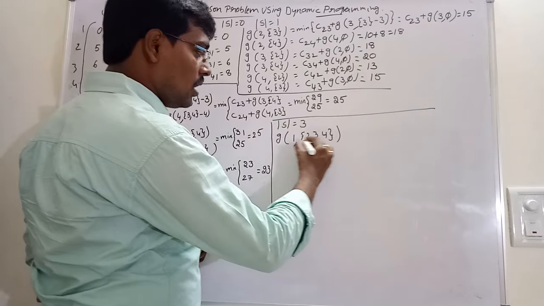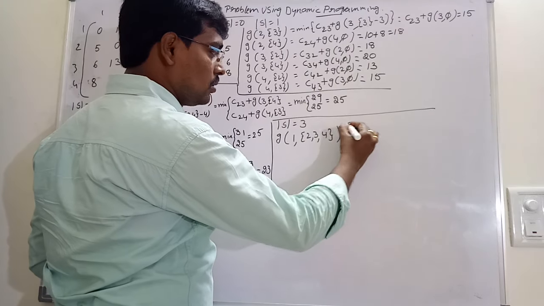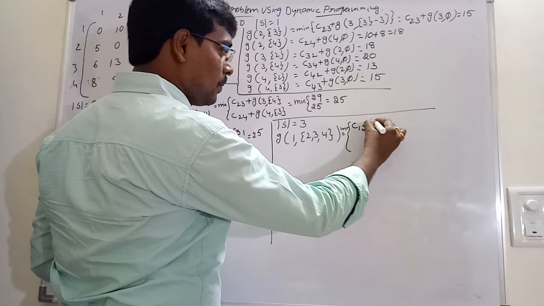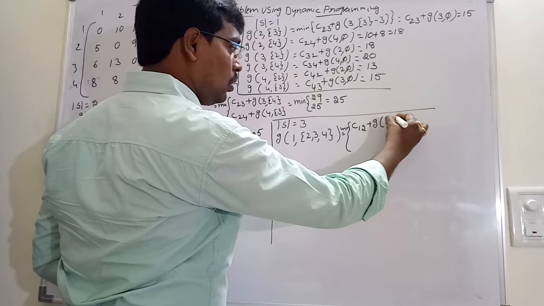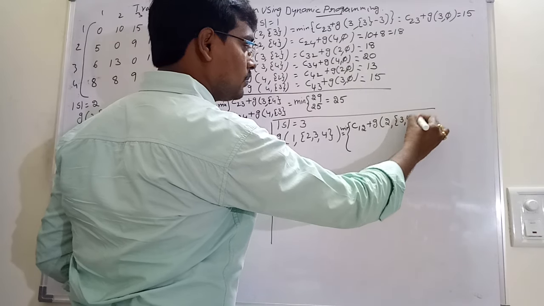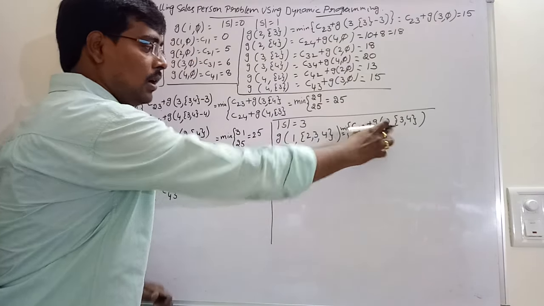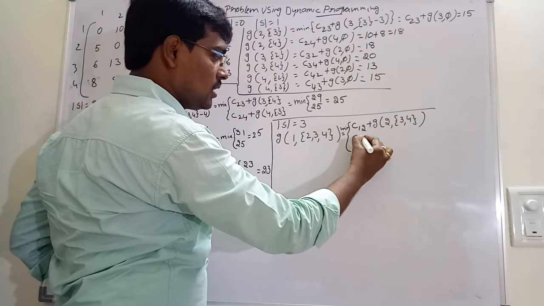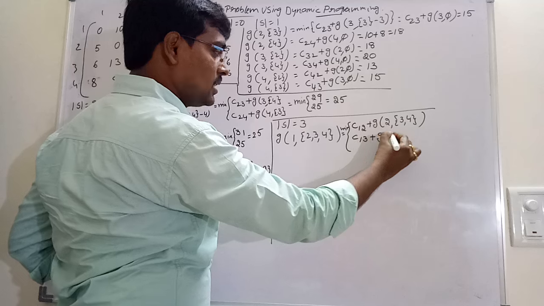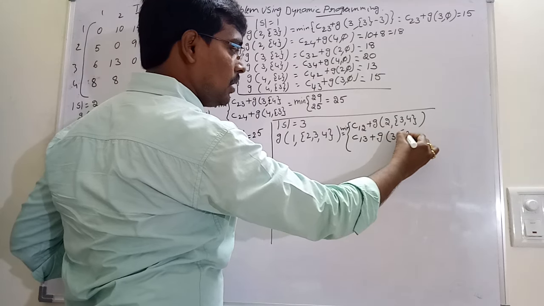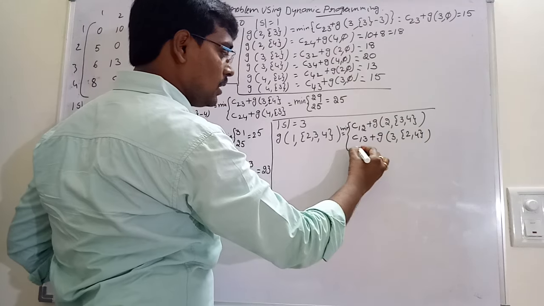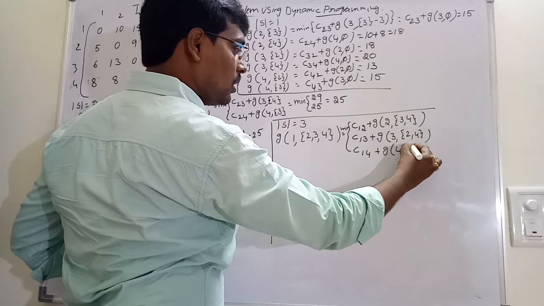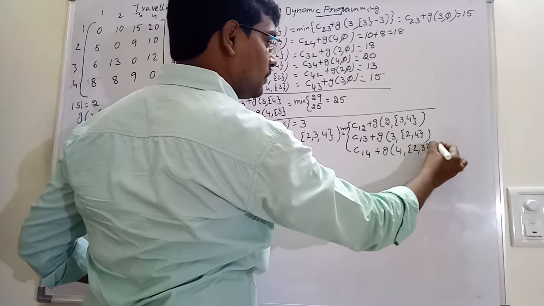That means G of 1 comma {2, 3, 4} is equal to minimum of C12 plus G of 2 comma {2, 3, 4} minus 2, that means simply {3, 4}. C13 plus G of 3 comma {2, 4}. C14 plus G of 4 comma {2, 3}.